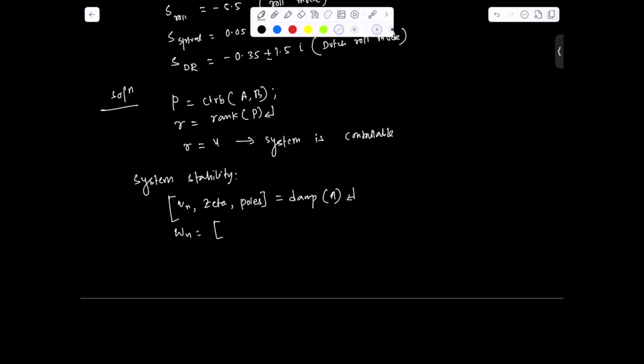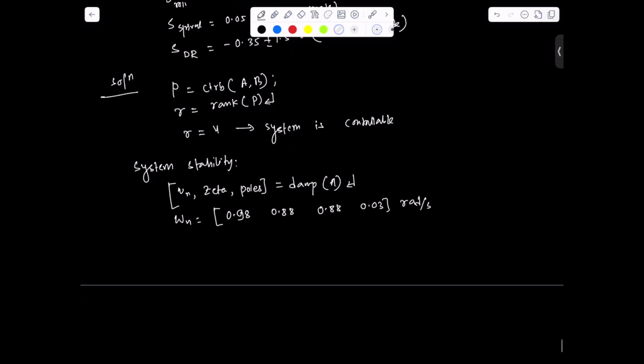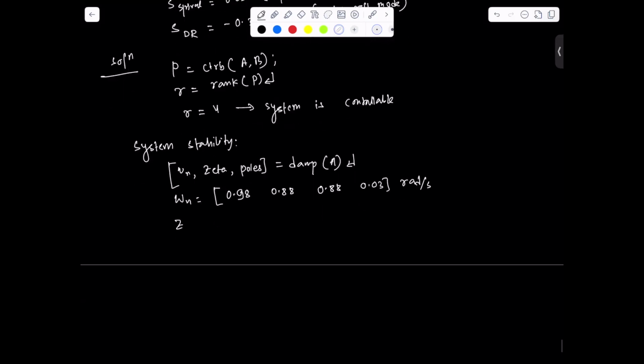Since we have 4 states, 4 different values will be there: 0.98, 0.88, 0.88, and 0.03 radian per second. And zeta, the damping ratio, is found to be 1, 0.004, 0.004, and minus 1.